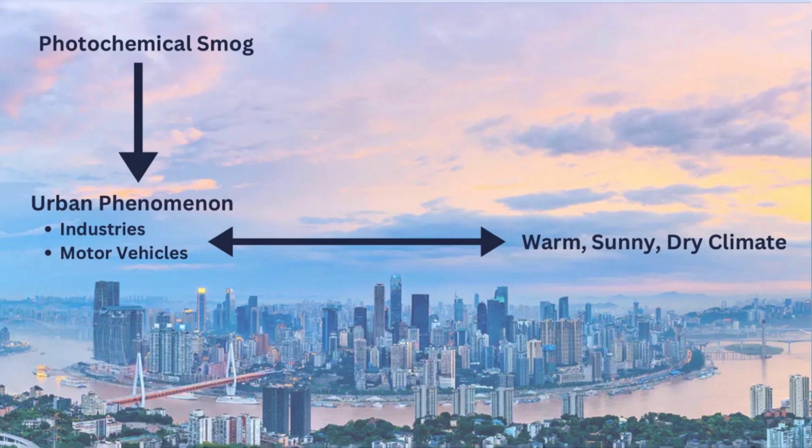Due to industry and the number of motor vehicles, it is more of a problem in large cities, and the characteristic of the environment in large cities is that conditions are warm, sunny, and the climate is usually dry. In this way, the yellowish brown haze appeared in large cities, and that is the biggest characteristic of photochemical smog.